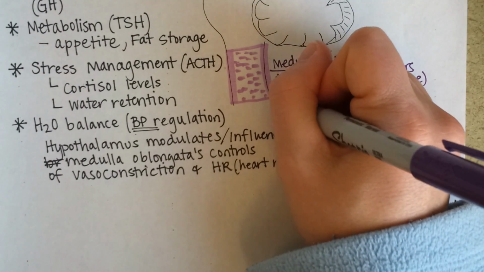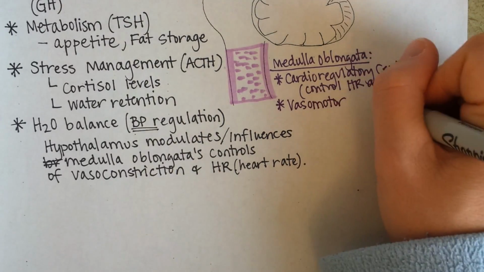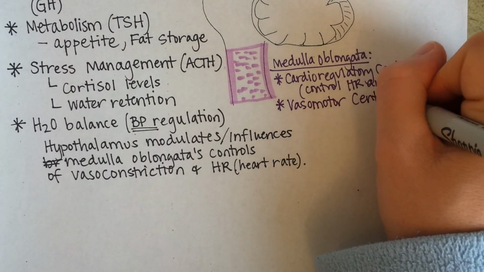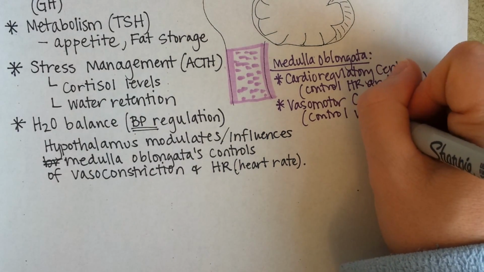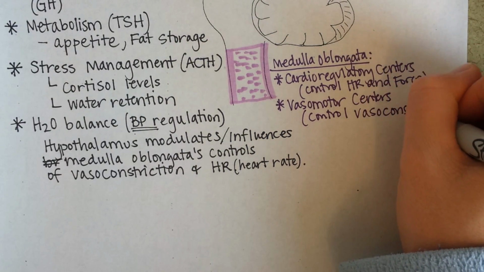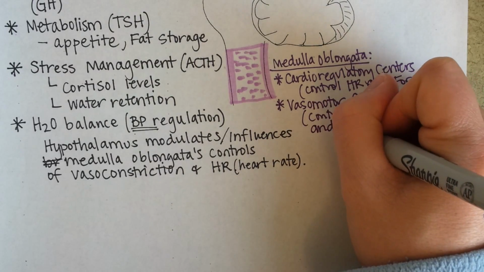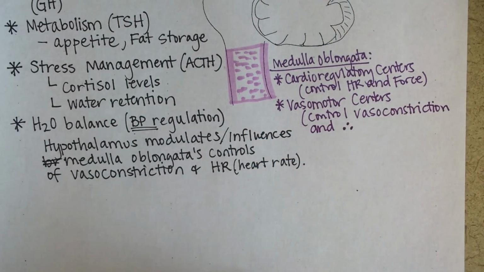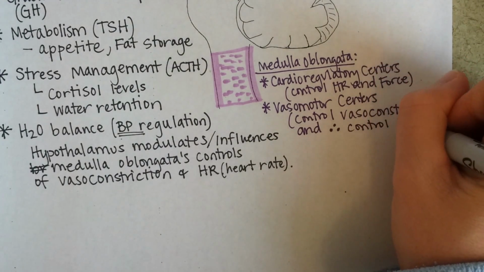It also has vasomotor centers that control vasoconstriction of arterioles, and therefore these three dots like that mean therefore, and therefore control blood pressure.